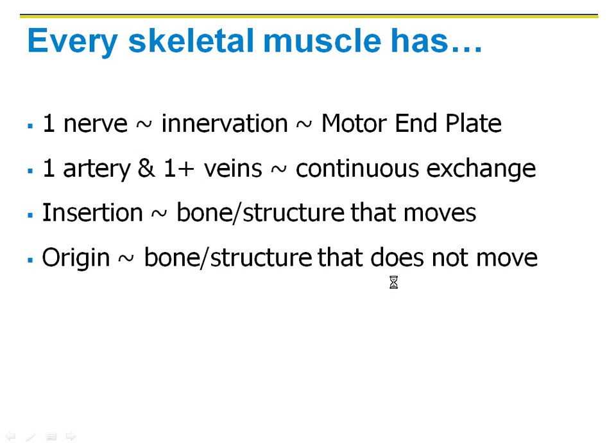Every skeletal muscle in the body has a nerve that innervates it. That nerve, as we saw in lab, comes down. Same rules apply. It's got an axon, telodendria, axon terminals. And where the axon terminals synapse on that muscle cell, we have a structure called a motor end plate.